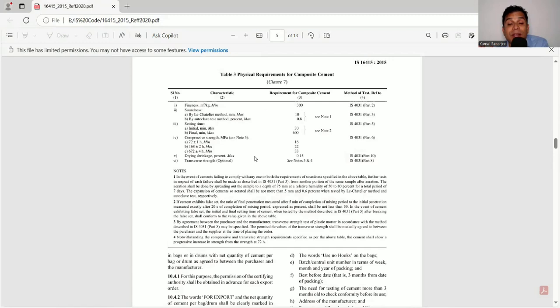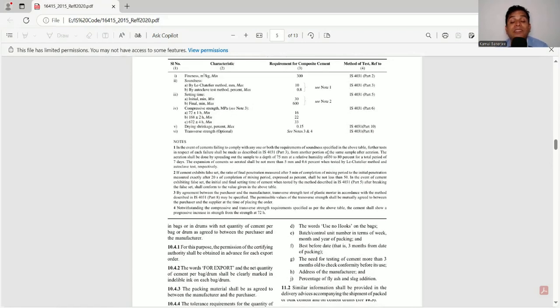Whenever you get the MTC or manufacturer test certificate for the composite cement, you need to verify all this data, whether it is as per IS 16415 or not. Then the setting time: initial is minimum 30 minutes and final is maximum 600 minutes.